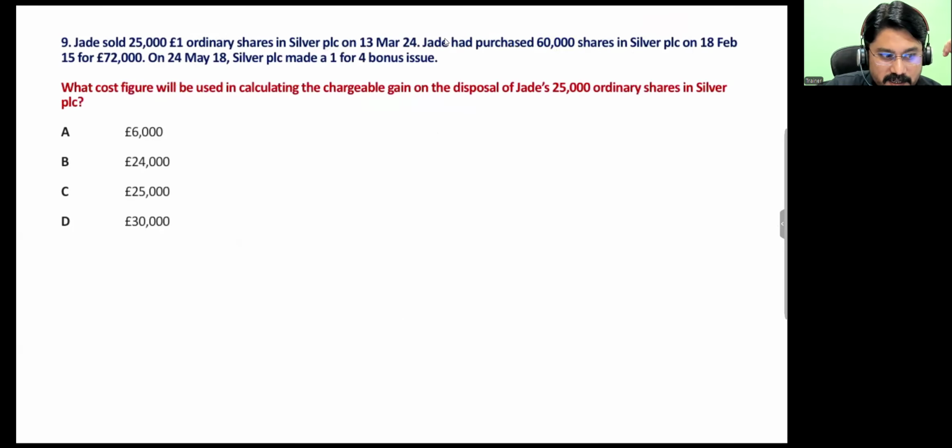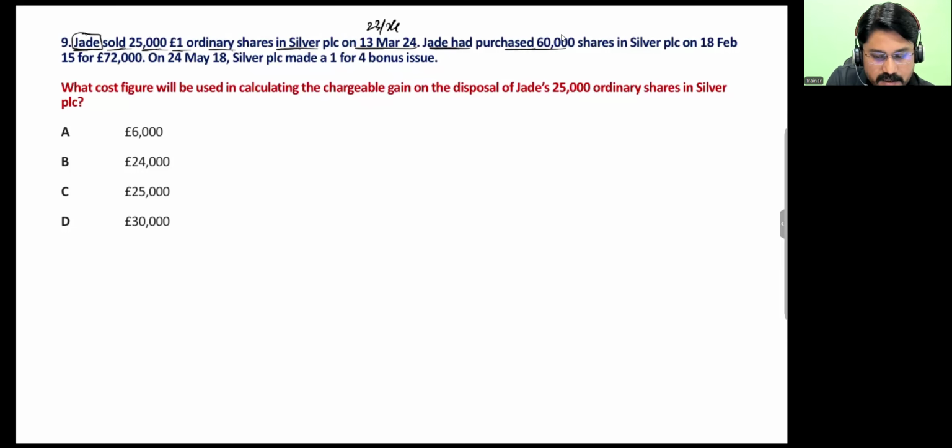Here we go with the next scenario. Jade is a person's name. It's not Jade Limited, it's about a person. Jade sold 25,000 ordinary shares in Silver PLC on 13th March 2024, that's in the fiscal year 23-24.